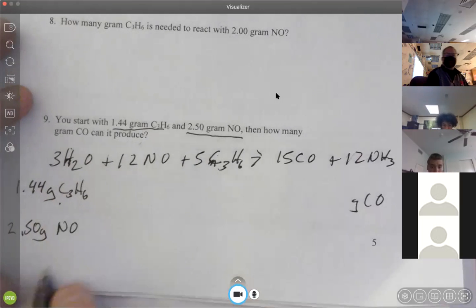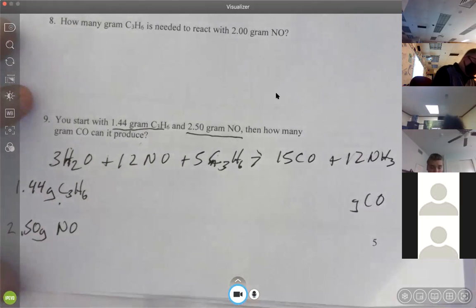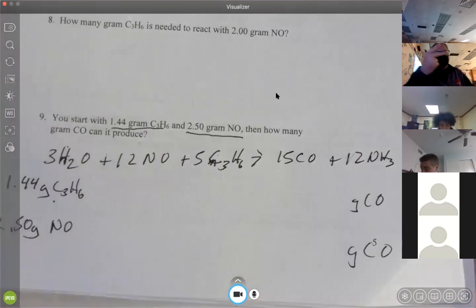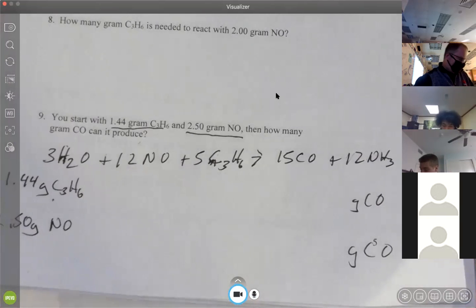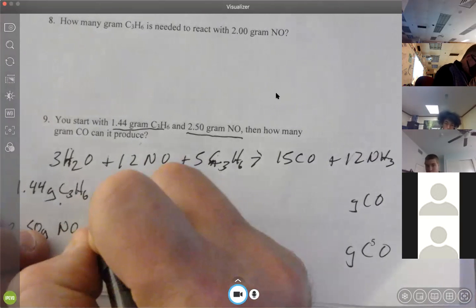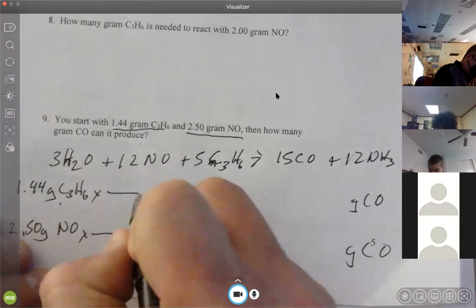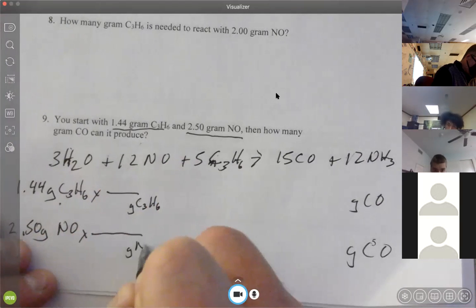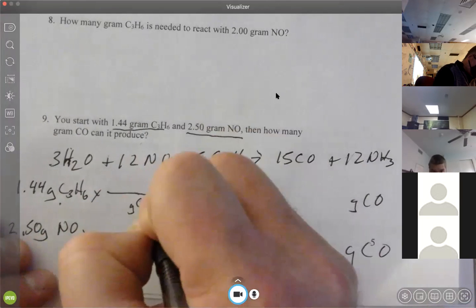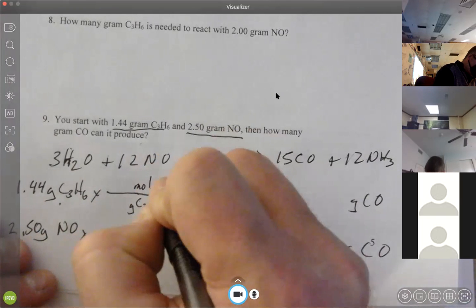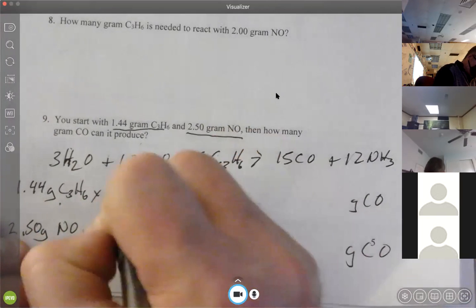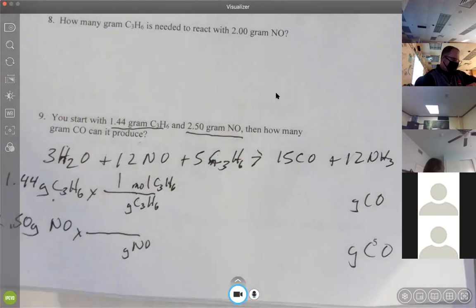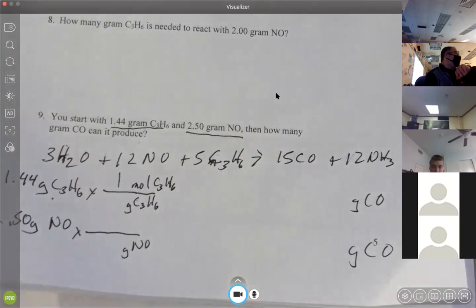And we're going to see how much this amount of nitrogen monoxide can make. So we're going to do 2 stoichiometry problems here. Remember, the first step is to get to moles. Every 1 mole of C3H6, 3 times 12.01 plus 6.06.